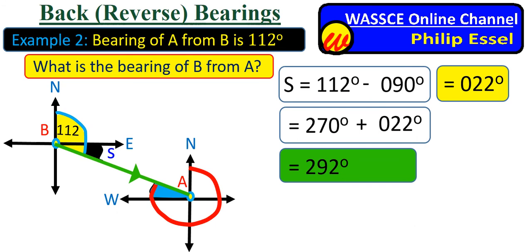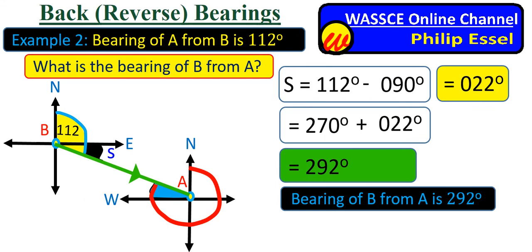Therefore, the bearing of B from A is 292 degrees.